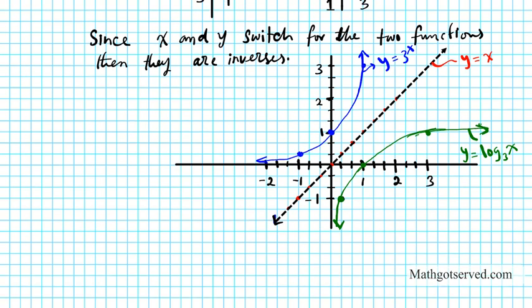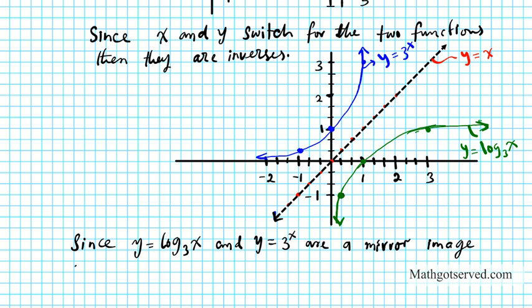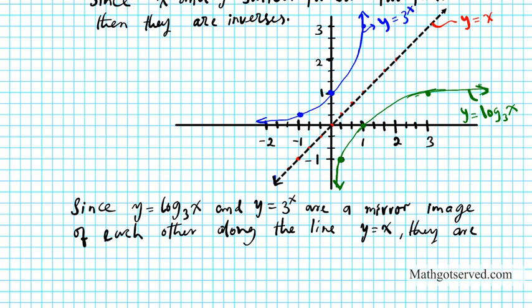Okay, so let's write down our conclusion from our graphical result. Since y equals log base 3 of x and y equals 3 to the x are a mirror image of each other along the line y equals x, they are inverses of one another.